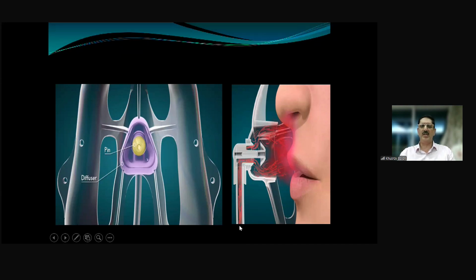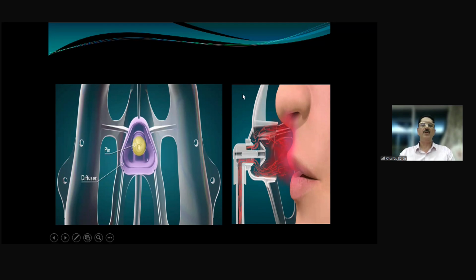So when the oxygen comes in and this port is closed, it goes in from this end, because this is blocked, and it hits under the umbrella or the mushroom and then gives a big jet stream just at the nose. So it's a tiny mushroom which gives you a huge jet stream at the nose. So this gives you a constant FiO2, depending upon the oxygen concentration and flow rate that you have set.